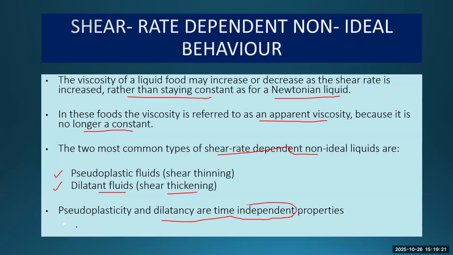Pseudoplastics and dilatants are time independent. You have to write this down, it is more important: there are two types of behavior, time dependent and time independent. So pseudoplastic and dilatant fluids are time independent liquids.